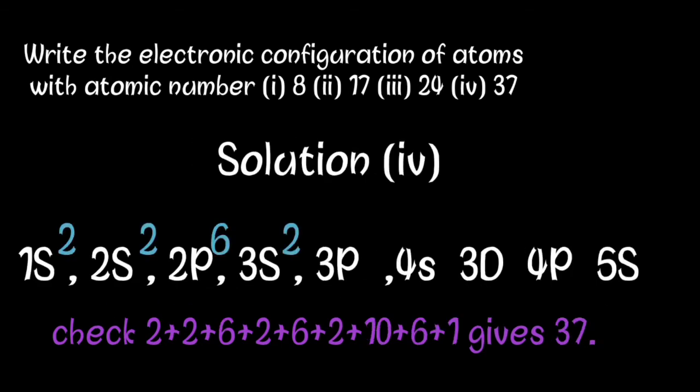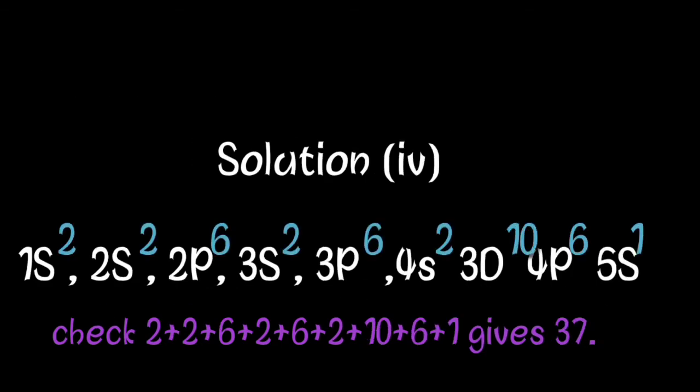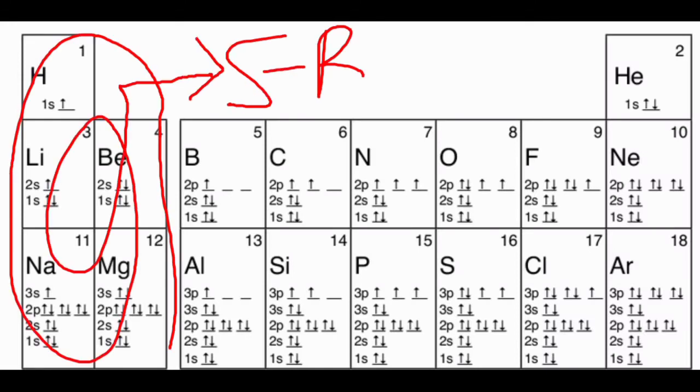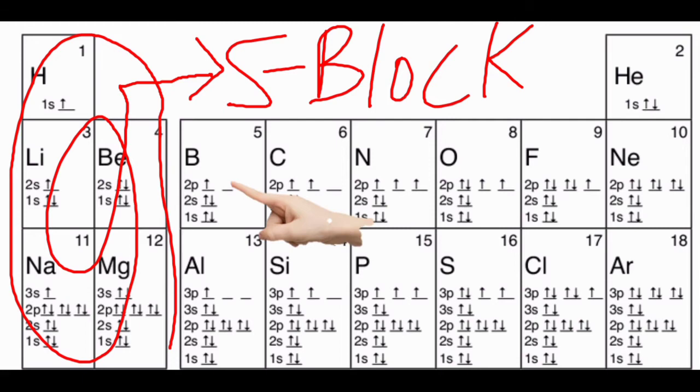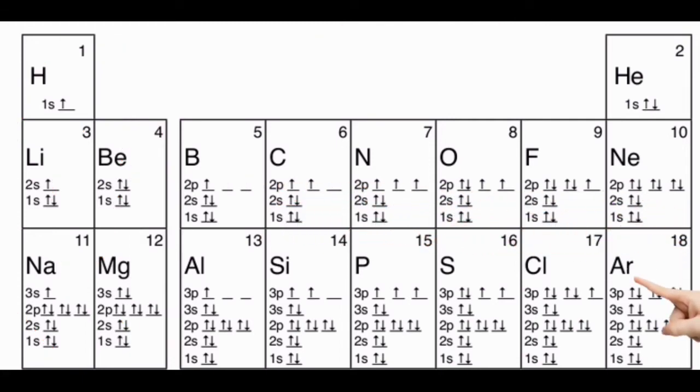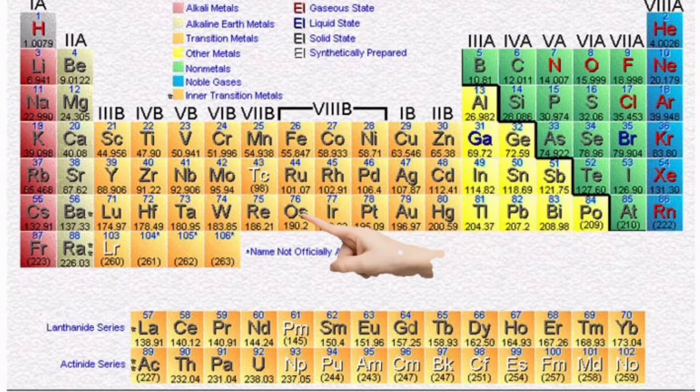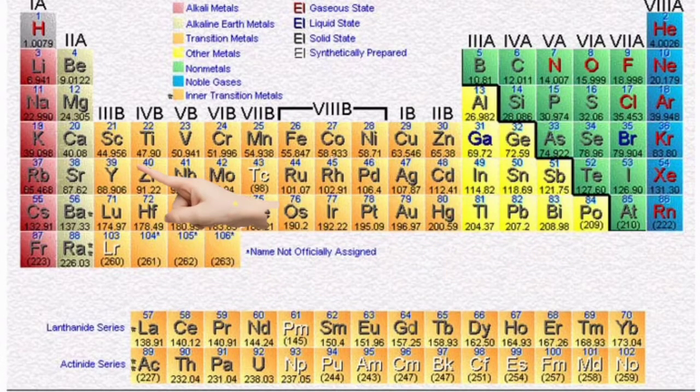Any element in which its last electron ends at s orbital is called s block element. If it ends at p, it is called p block element. If it ends at d, it is called d block element. If it ends at f, it is called f block element.